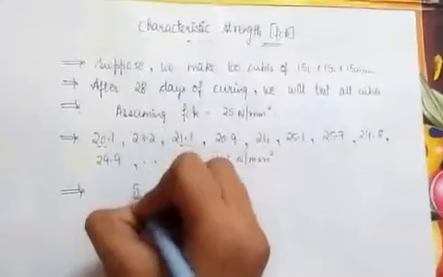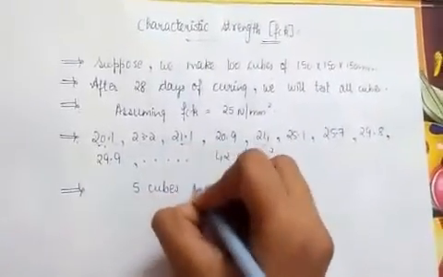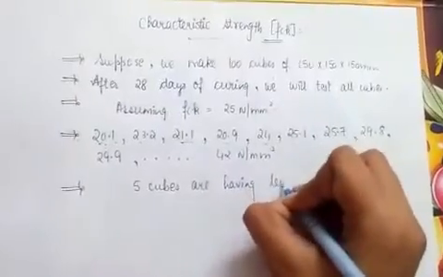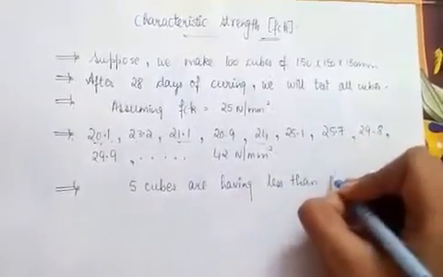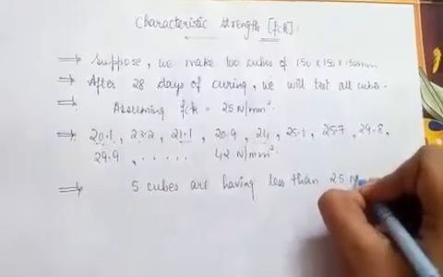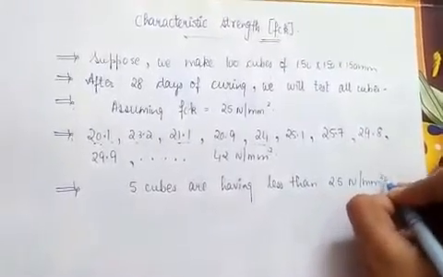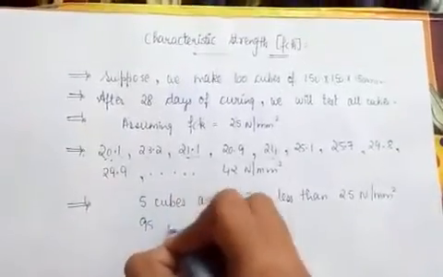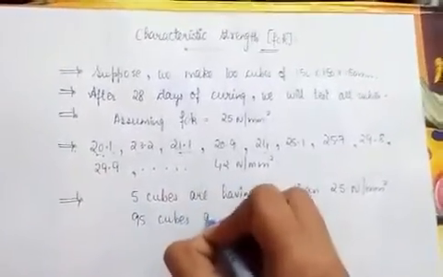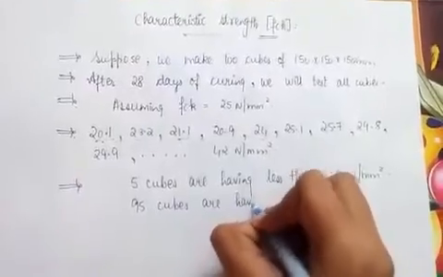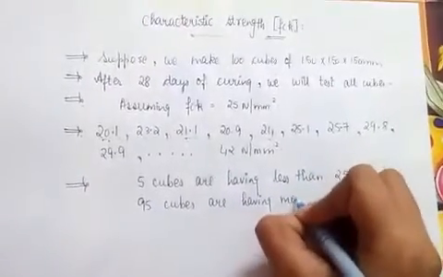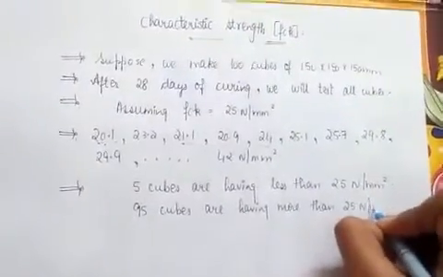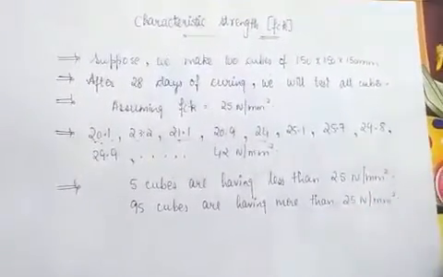So 5% of the results, 5 cubes, are having their compressive strength less than 25 Newton per mm square, and the remaining 95%, or the 95 cubes, are having more than 25 Newton per mm square.